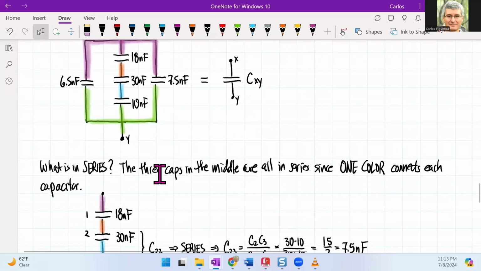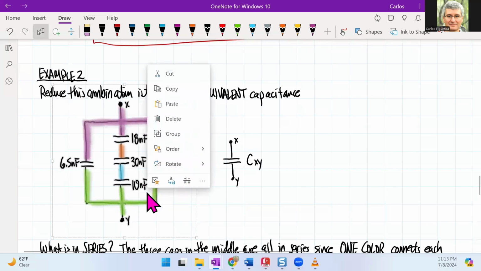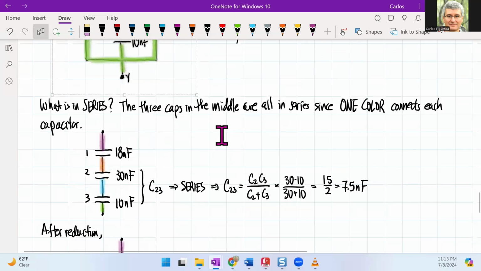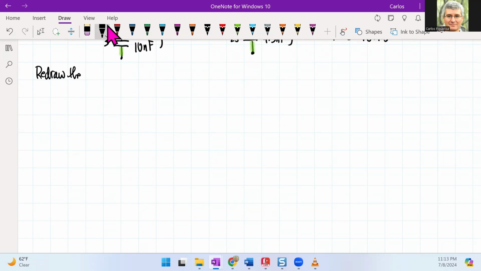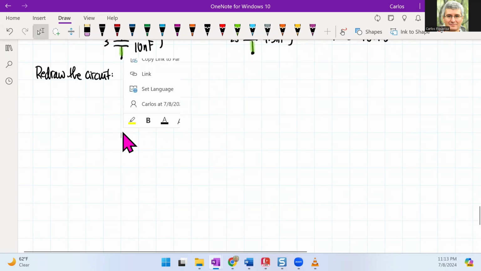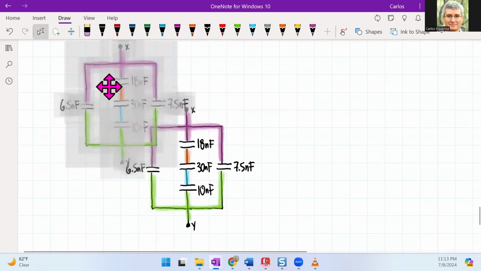Now, what does my picture look like? This is my picture here, and I want to take this with me. I'm going to redraw my picture, and this is what I get. I have this guy right here. This is what we started with.